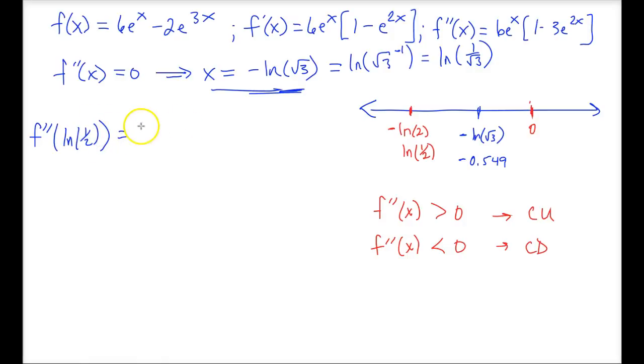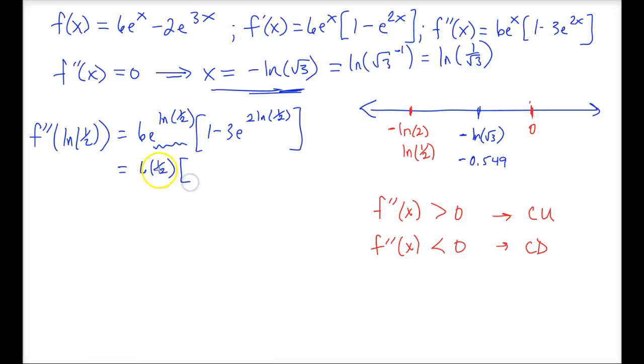We write that, and remember we're using the second derivative here, so this will be 6e raised to the natural log of 1/2 times 1 minus 3e raised to the 2 times natural log of 1/2. Okay, and of course the e raised to the natural log of 1/2 is just 1/2. So we just have 6 times 1/2, which will be 3, and we'll take care of that in the next step.